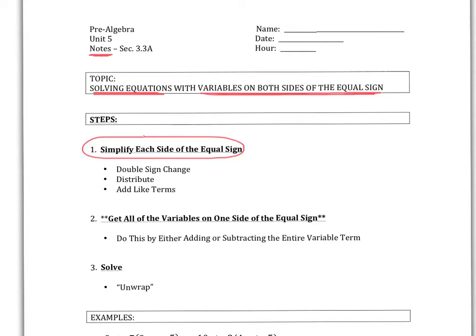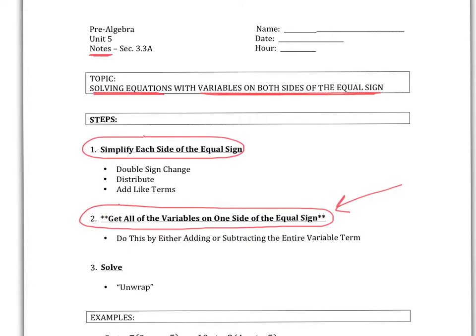Alright, step 2. Step 2 is new. You need to get all the variables on one side of the equal sign. Haven't done that before. How do you do this? You do this by either adding or subtracting the entire variable term.